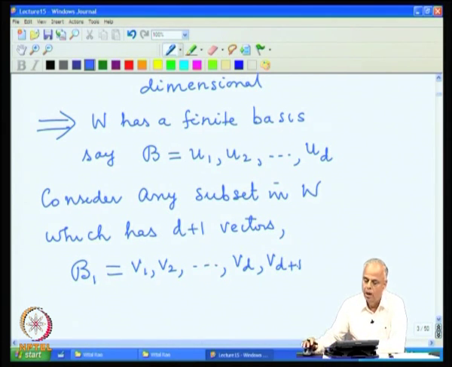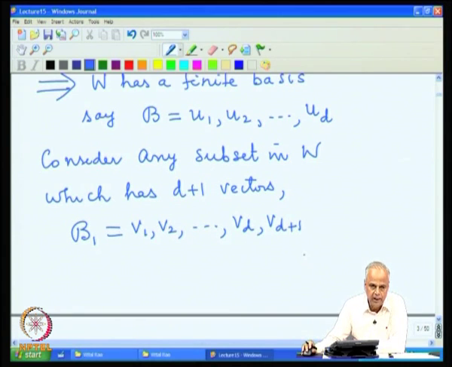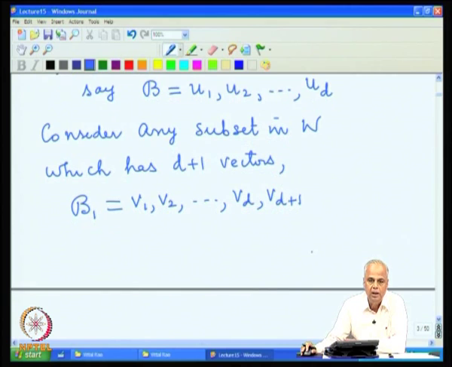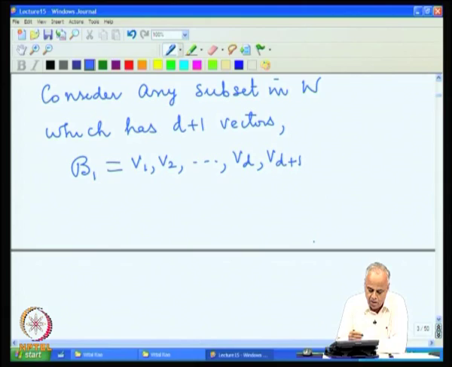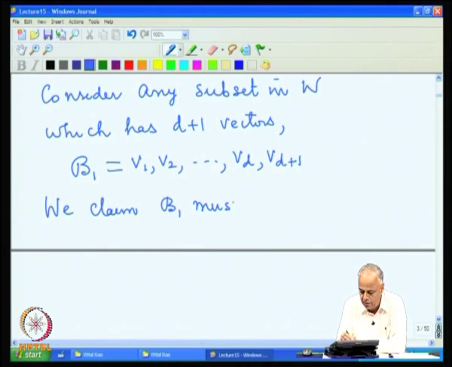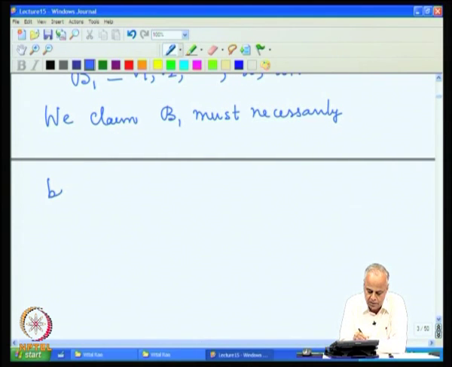So, we have a subspace which is finite dimensional and a basis which consists of d vectors. Now, we consider another set which has d plus 1 vectors, one more than the size of the basis. We claim B1 must necessarily be linearly dependent.